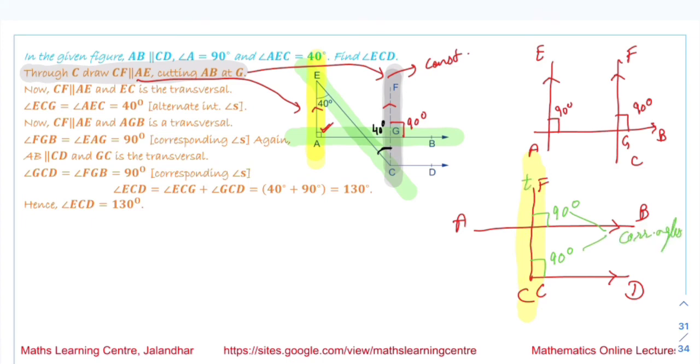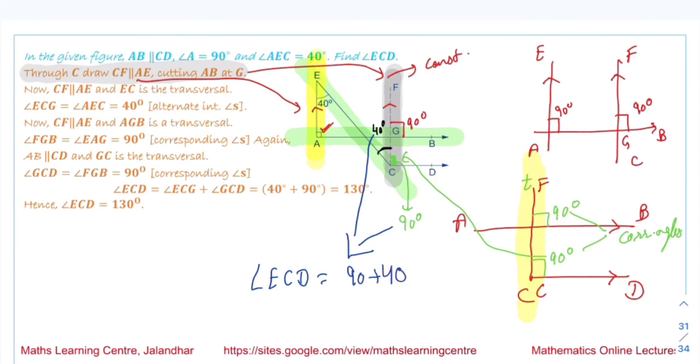So this angle over here is 90 degrees. So the final answer is: this angle is 40 degrees, this angle is 90 degrees, so angle ECD is equal to 90 plus 40, which is equal to 130 degrees.